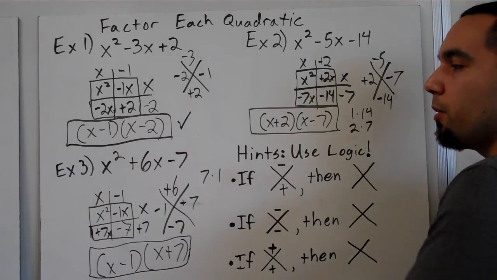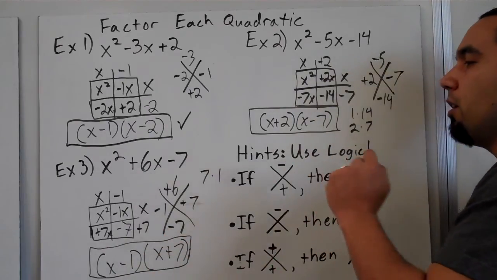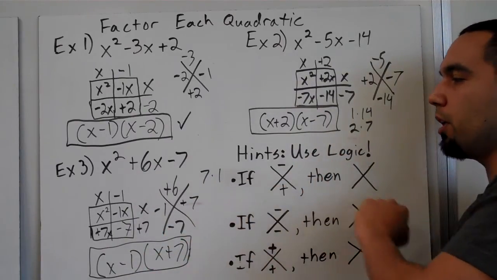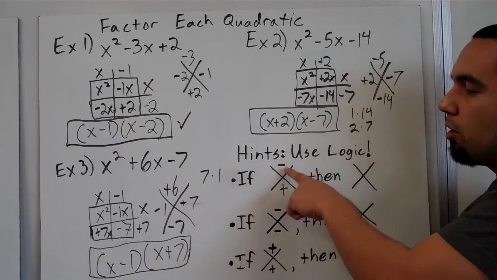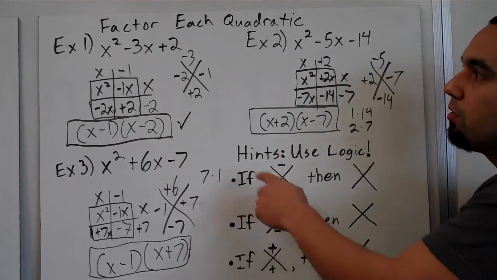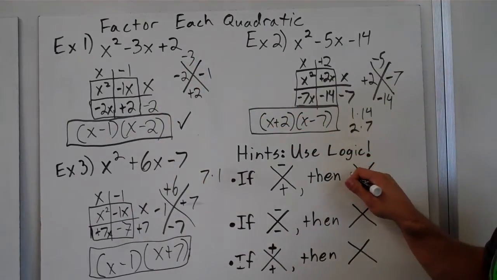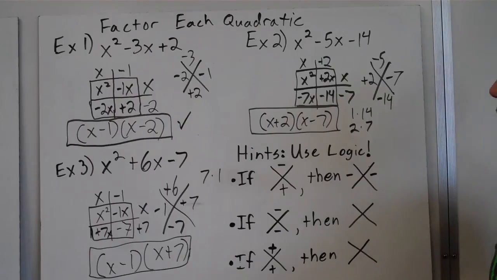Okay? So I know this looks like a bit long process for each problem, but if you use logic, here's a couple hints that you can use. Remember, when you start your diamond, if the top number is negative and the bottom number is positive, like we had up here, then we know that these two numbers must be negatives, okay?